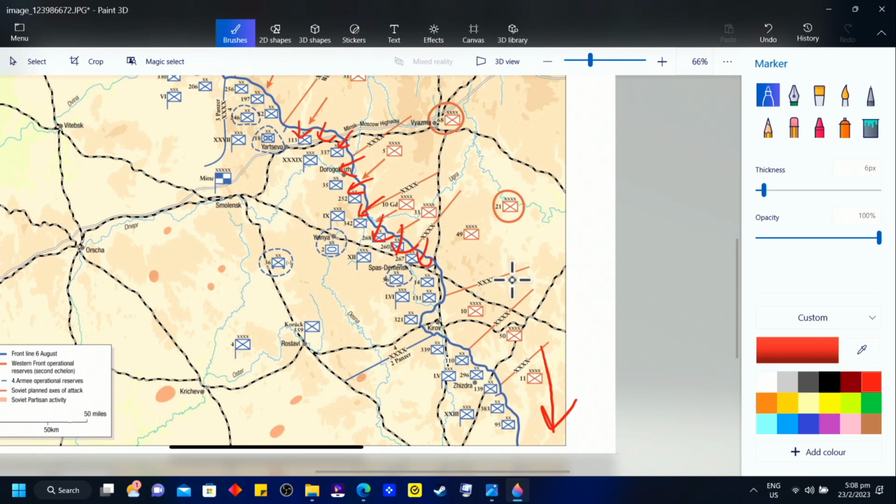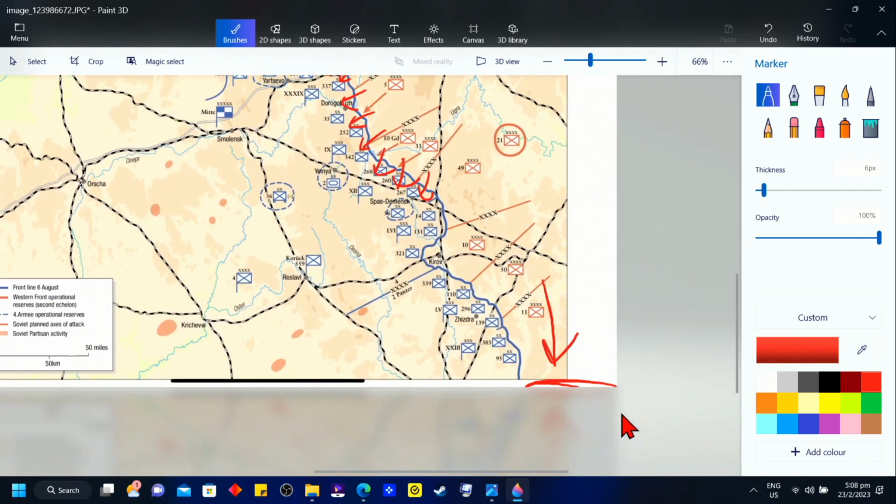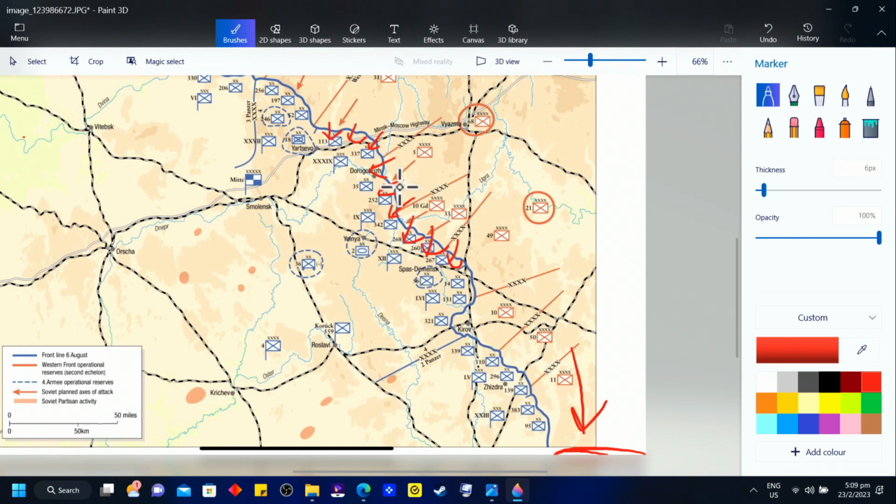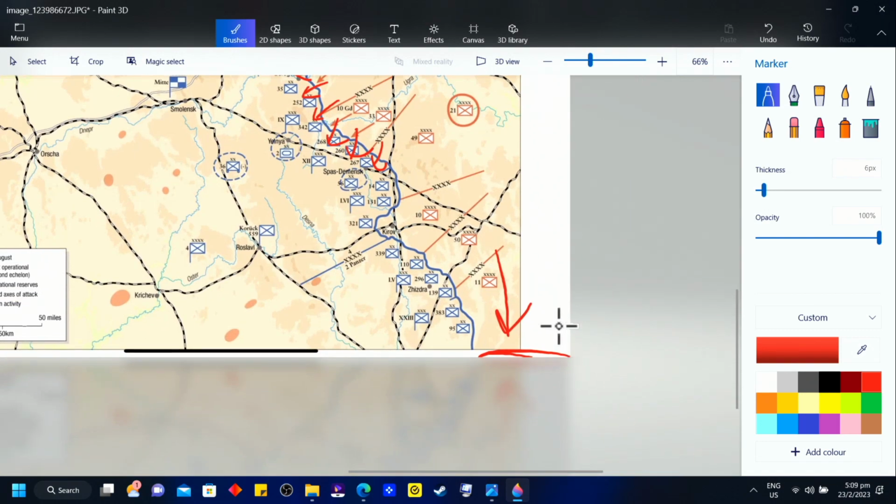So the timing for Operation Suvorov was dependent on the progress achieved by the Bryansk Front and the Western Front's 11th Guards Army in Operation Kutuzov. So the Western Front has the 11th Guards Army around here. The Western Front's 11th Guards Army and the Bryansk Front were fighting in Operation Kutuzov, so Operation Suvorov would take place after these operations.